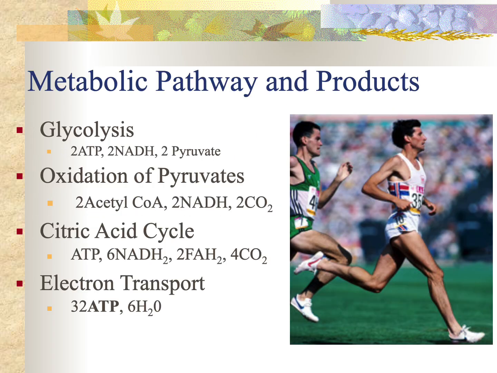These aerobic pathways include glycolysis, oxidation of pyruvate, the citric acid cycle, and electron transport. The last two steps require oxygen, and that's where most of the ATP is made. The first steps occur in the cytoplasm and only make a little bit of ATP. So this is why oxygen is so important for our cells.